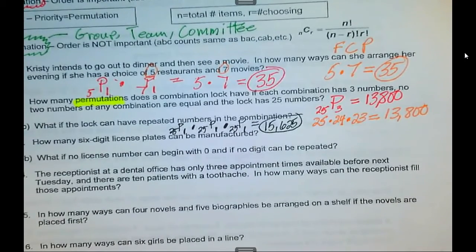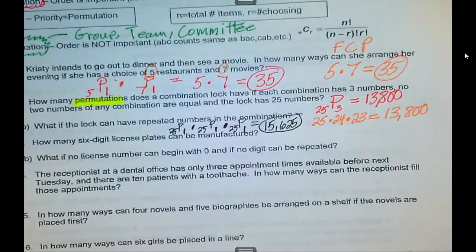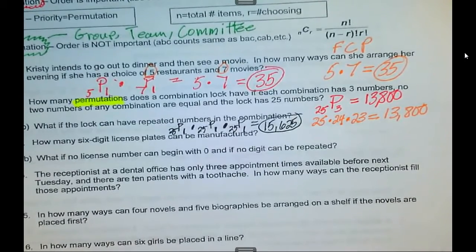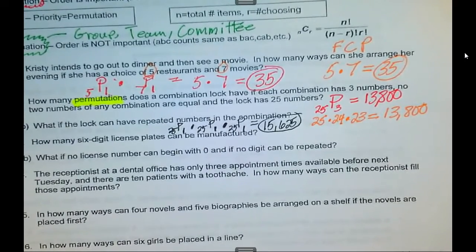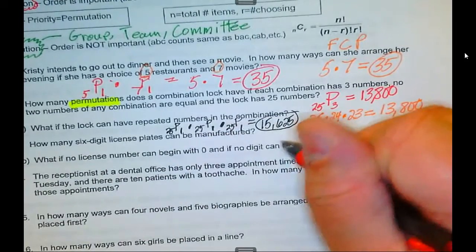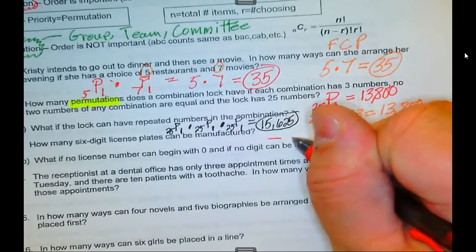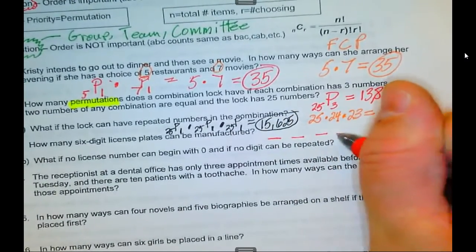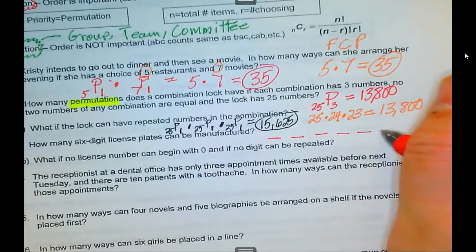How many 6-digit license plates can be manufactured? Okay, let's figure this out. 6-digit license plates. 1, 2, 3, 4, 5, 6.